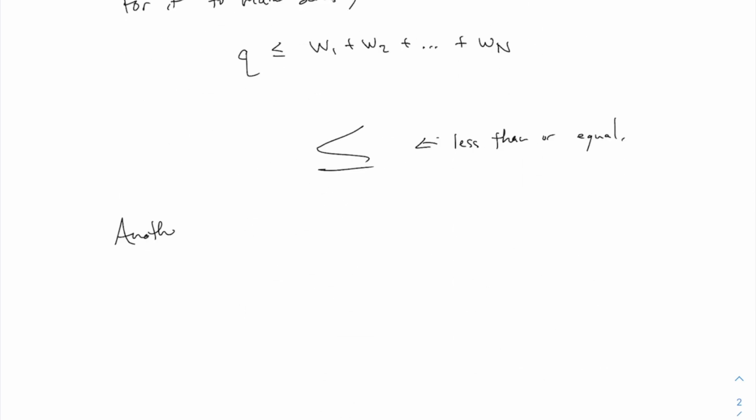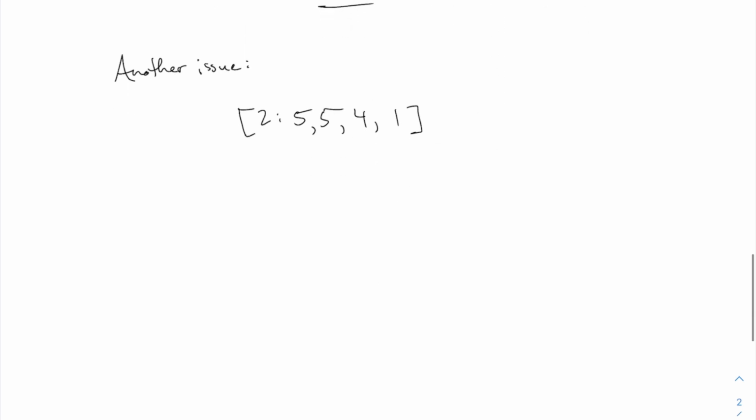So another issue: if the Q is too small, something like 2, 5, 5, 4, 1, all right? So here, the Q is kind of too easy to get to pass the law. Now, I don't know if that's really a problem in the real world.